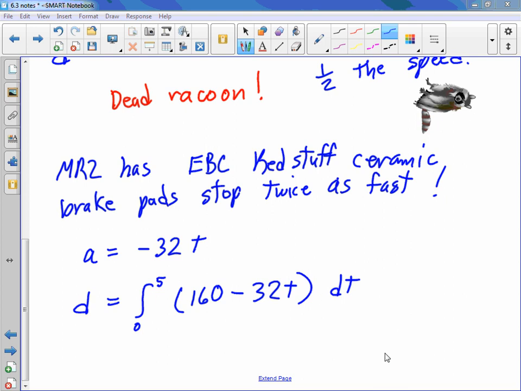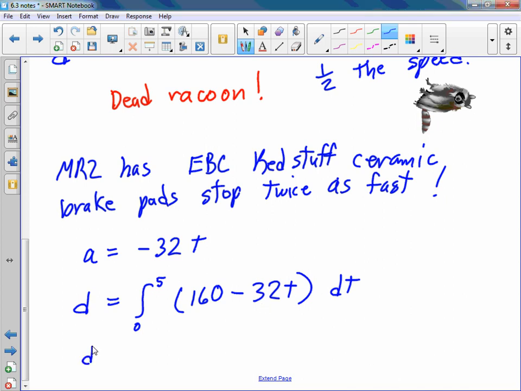And this will give us the distance traveled at twice the velocity that he should be driving, but with the better brakes, so twice the acceleration. And let's see what happens with distance.